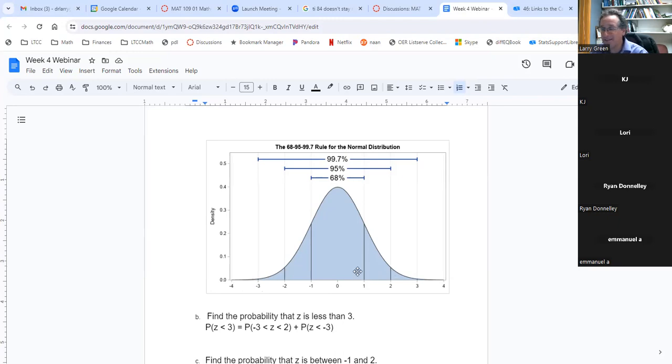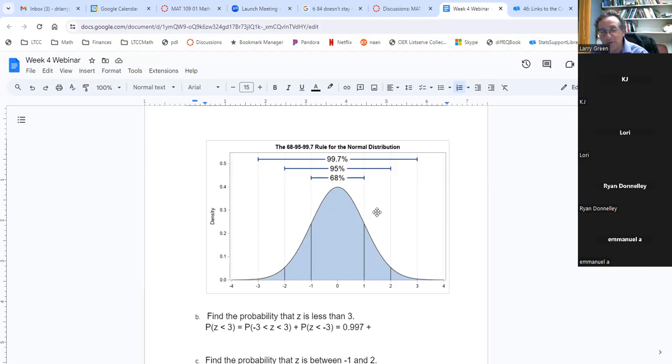Okay, I see in the chat box, you got some good ideas at this point. So now we put it all together. So that's equal to the probability, oh, sorry, that should be a 3, not a 2. Typo. That's the probability that z is between -3 and 3, which is 0.997. And then we need to add the probability that we are to the left of -3.